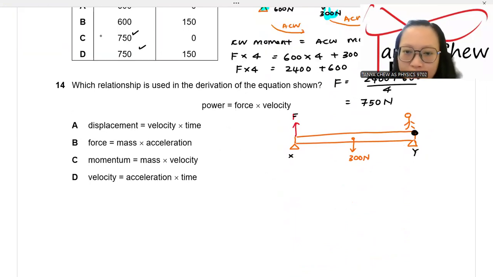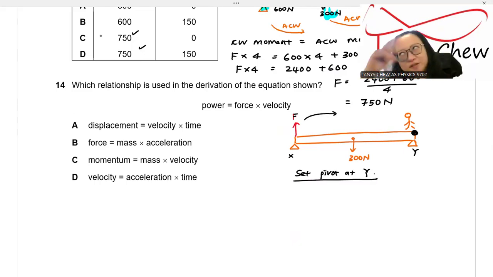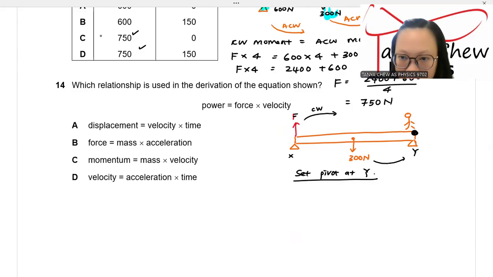I will set my pivot at Y, so I can ignore the force at Y. Now I have force F towards the pivot, which is clockwise moment, and 300 Newton, the weight of the plank, towards the pivot, which is anti-clockwise moment. So I can use the principle of moment.